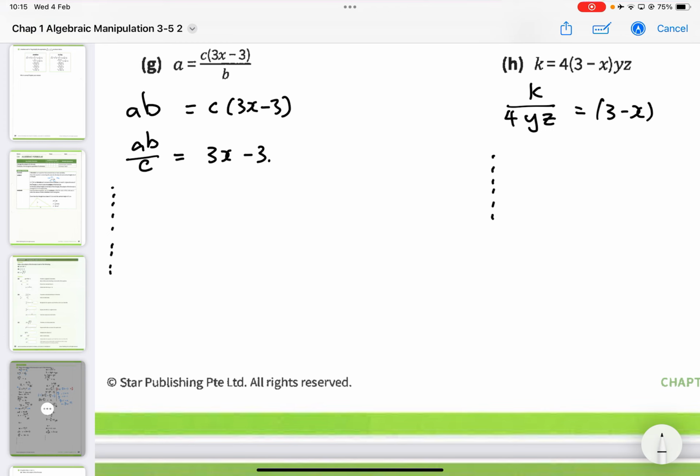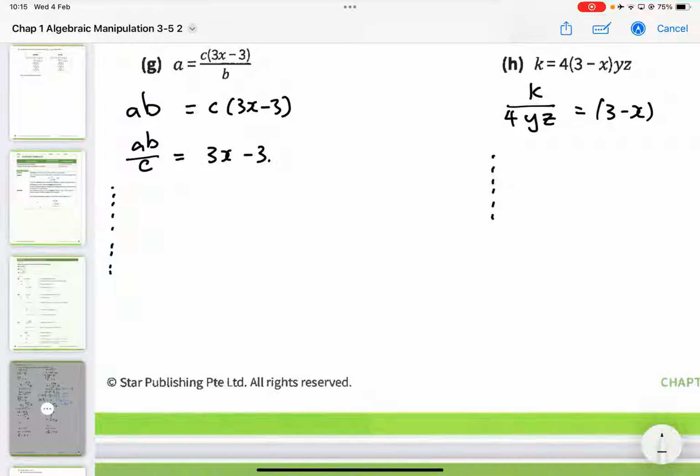I can remove the bracket already. Okay. So I have a 3, I have a minus x. This 3 I don't want. I want it to go here. So by itself here it is plus 3. Plus 3 comes over here, so I have this fraction minus 3 equals negative x.